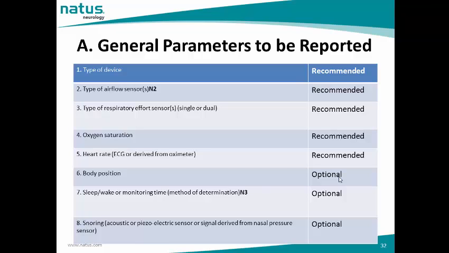It is recommended to report the type of the device, type of airflow sensor, and here the tidal volume sensors like the RIPsum can also be used. Oxygen saturation, heart rate when it is derived from ECG or derived from pulse ox.